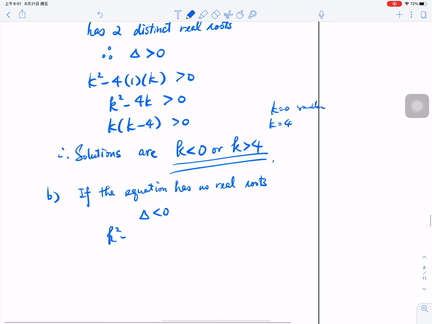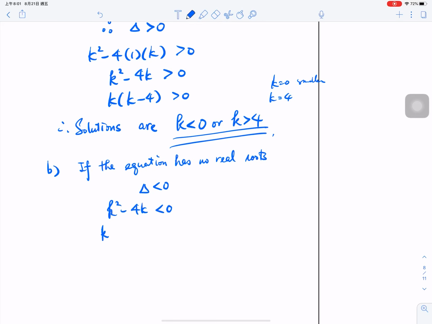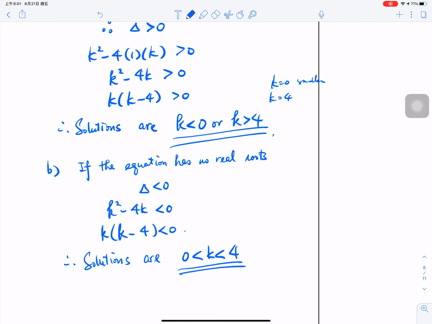So k squared minus 4k smaller than 0. Again, you still get these two factors. Then this time, what are the solutions? Yeah, correct. Solutions are k in between two intercepts. So k in between 0 and 4 without the endpoints. Clear?